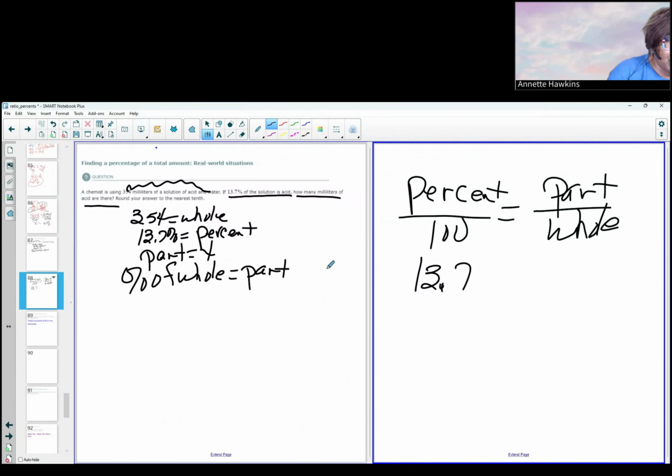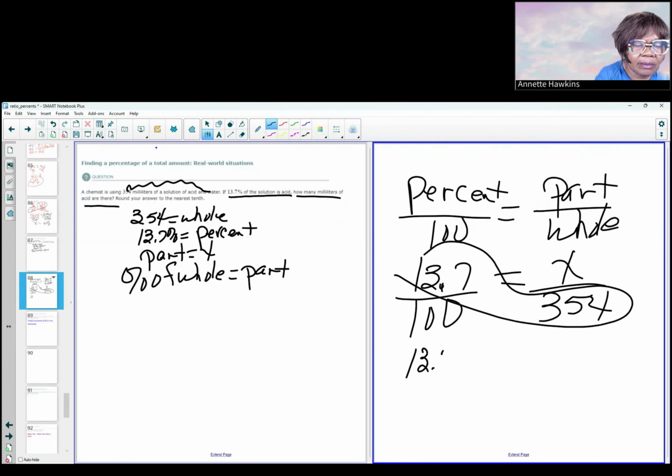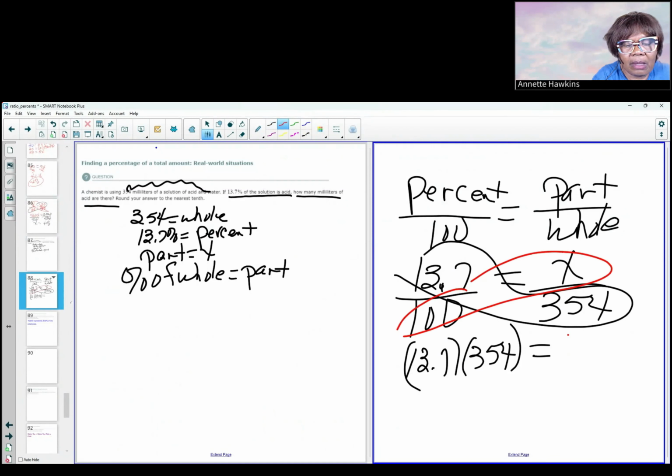When you use the proportion method, you don't move into decimals because you're putting it over 100. That takes care of it. The part we don't know, and the whole is 354. So 13.7 times 354 equals 100 times X.